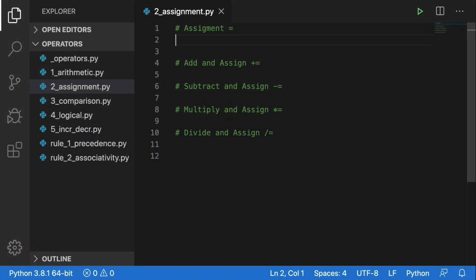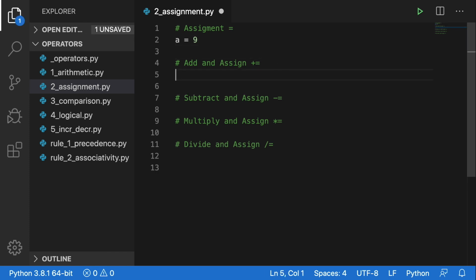You already know the first operator, which is the simple assignment operator. So I create a variable a and assign 9 to it. Next one is the add and assign operator, which looks like this. And I add 4 to variable a.